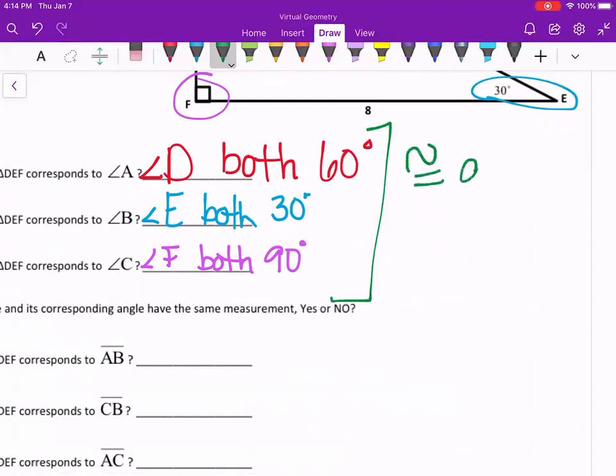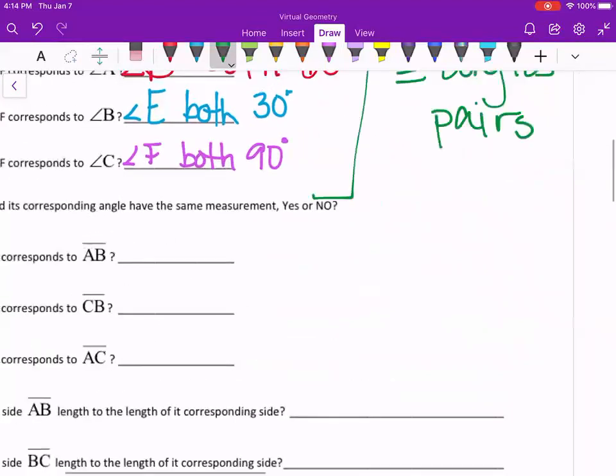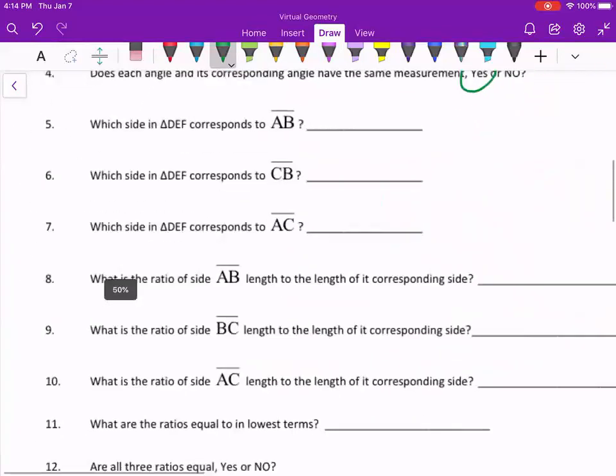So we have congruent angle pairs going on. That's the first thing you have to check. If your angles are not congruent, these figures are not going to be similar. Okay, they have to be congruent first off. So does each angle and its corresponding angle have the same measure? Yes, it does. So there's our first part of the definition.